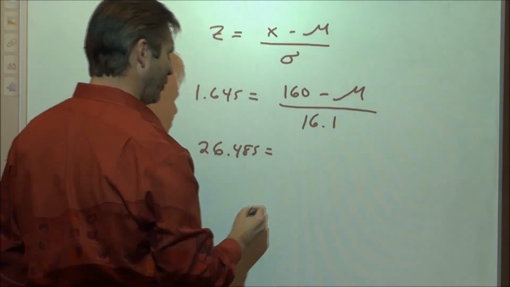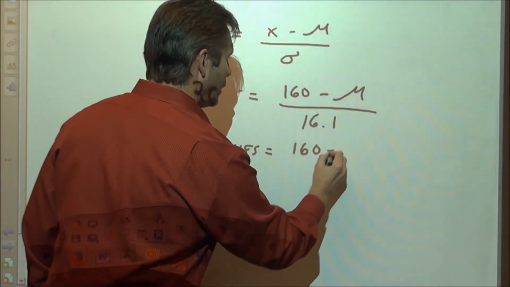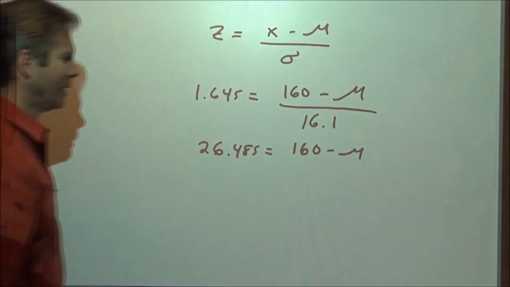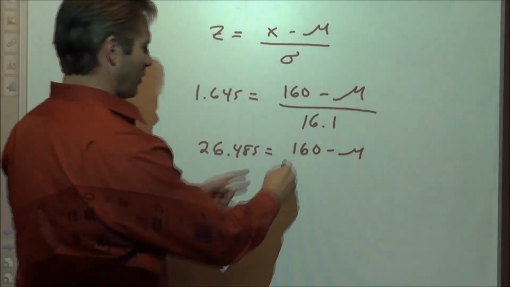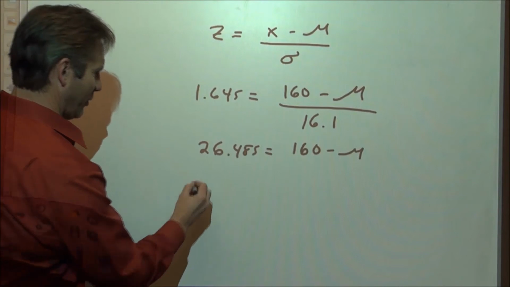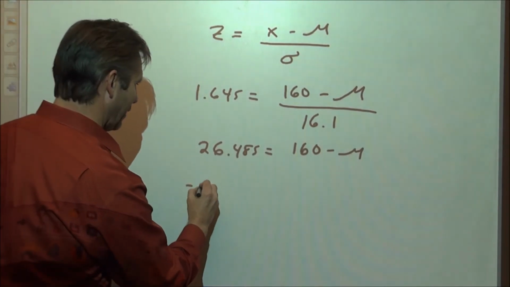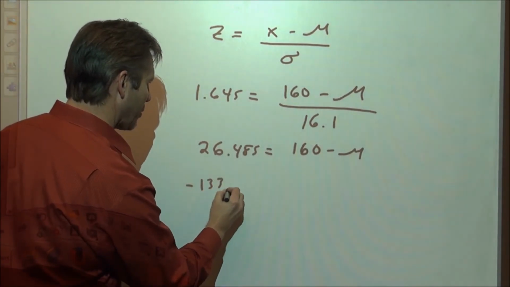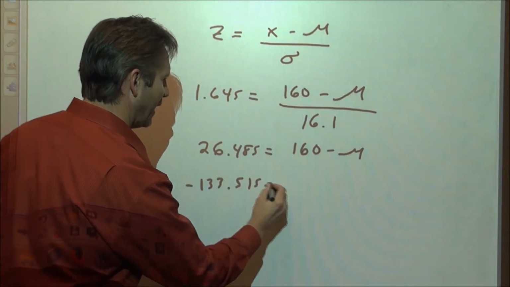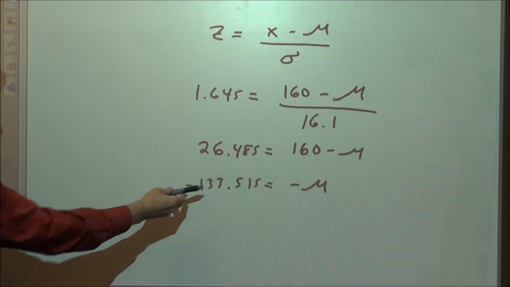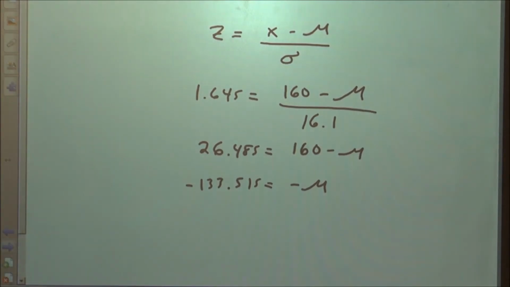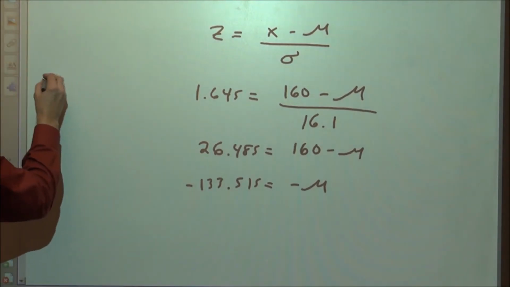And that equals 160 minus the mean. So if we now subtract 160 from both sides, we're going to get negative 133.515 is equal to the opposite of the mean, which means the mean is 133.5 seconds. So there we go. We have the answer.